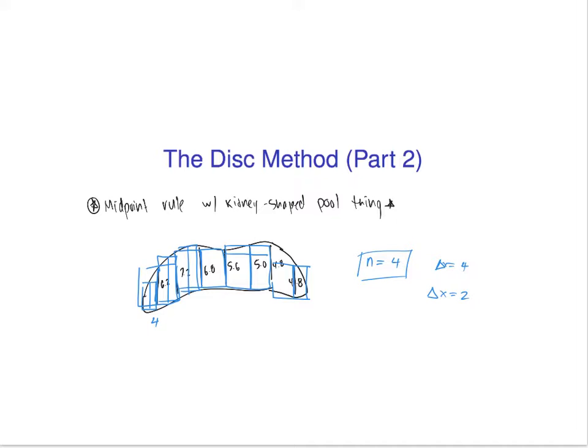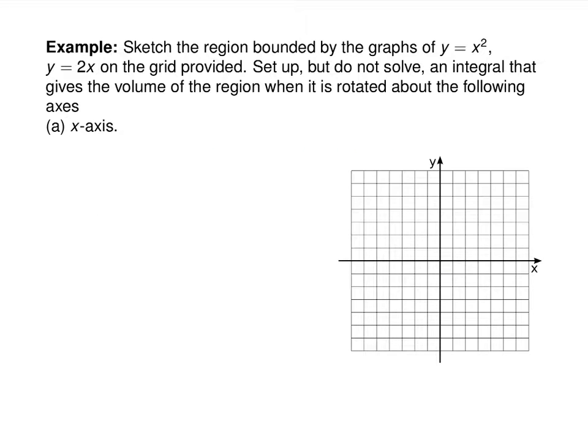Okay. So moving to disk method stuff. In general, the volume of a solid was given by an integral from A to B, area of a cross-section dx, right? If you were looking at the x-axis, if it was the y-axis, it was dy. What if you have a rotational thing?